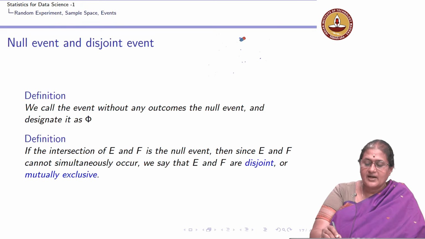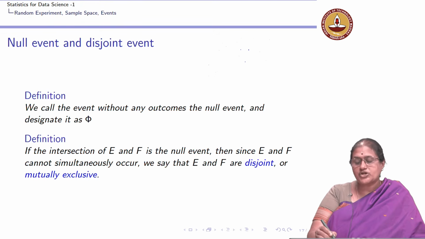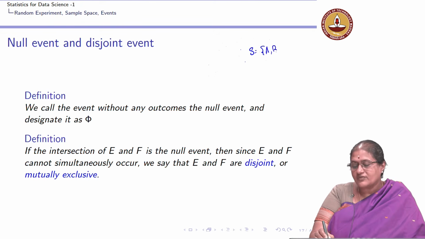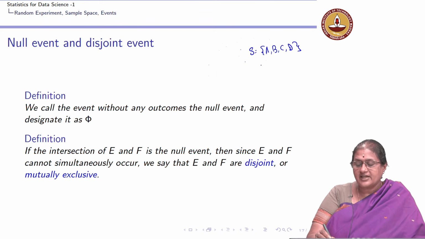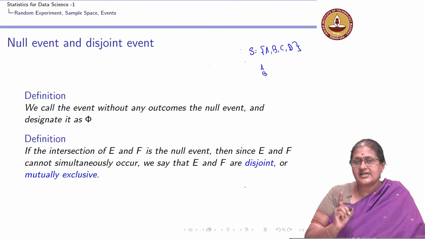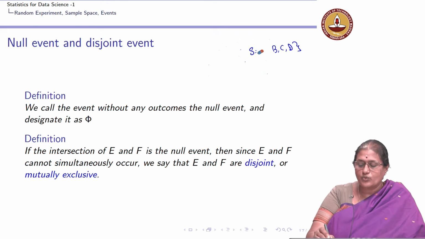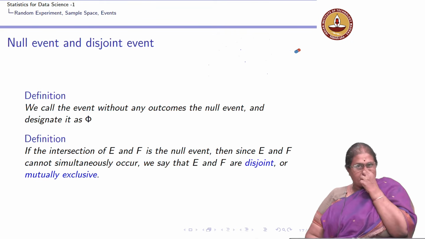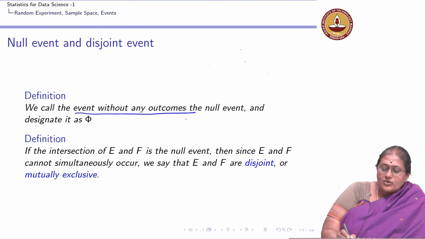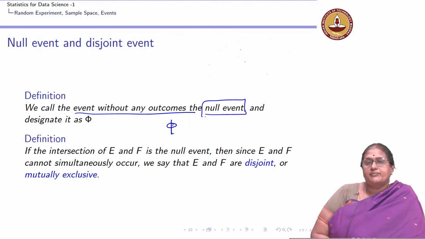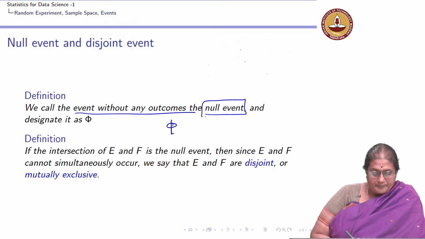Similarly, when I have an answer to a multiple choice question and my sample space is one of these answers or one of these guesses, I cannot have an event which would say A and B are both correct answers, where exactly one of the answers is correct to my multiple choice question with 4 options. So, an event without any outcome is called a null event, and you can designate it by this symbol phi.